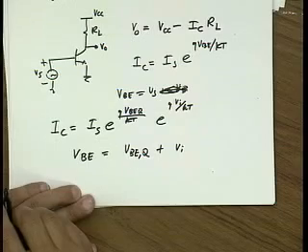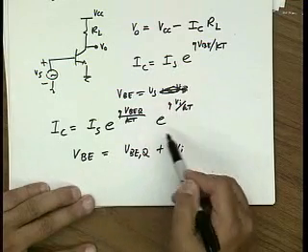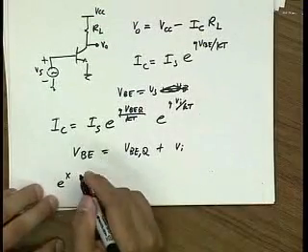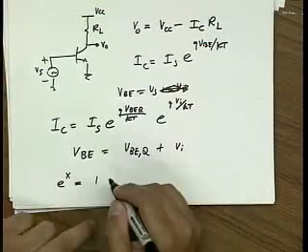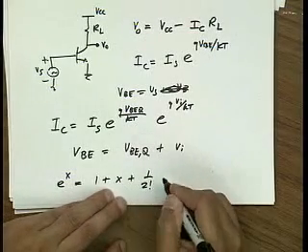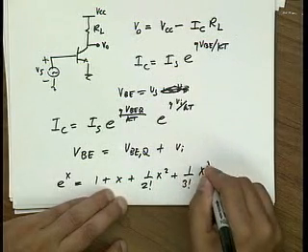Okay? Now, if we were doing small signal analysis, essentially we just take the linear term when we do this approximation, when we do this expansion. Now we're going to do the full expansion. We know that an exponential function has a very nice Taylor series expansion, which has a very large radius of convergence.